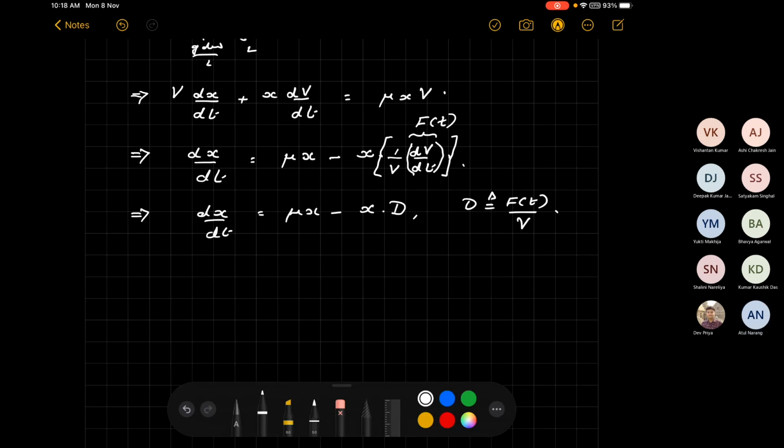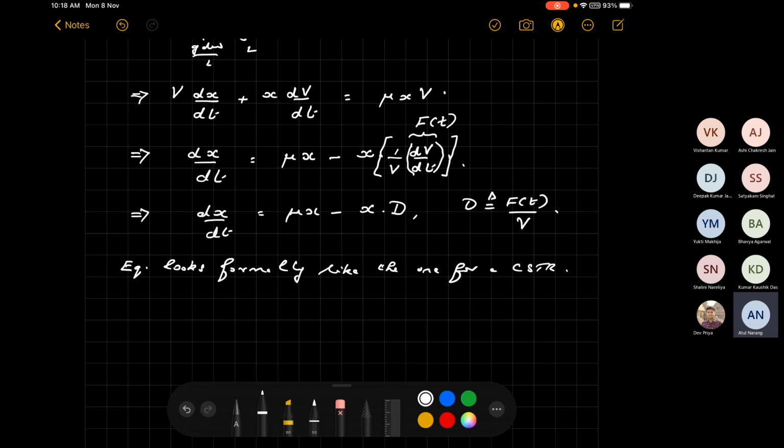So the main point is that the equation looks formally like the one for the CSTR.